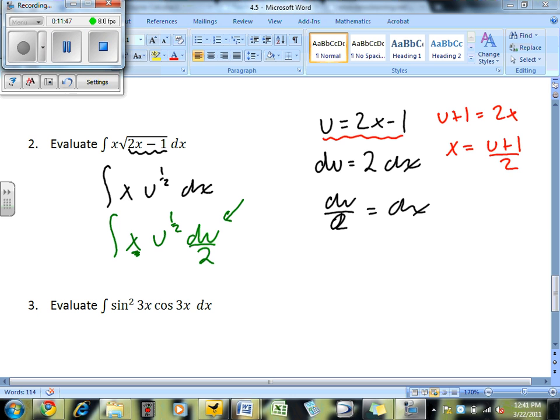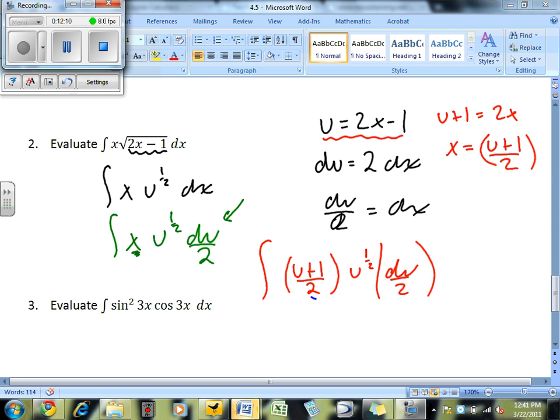We can go ahead and substitute what x equals. So we'll have the integral of u plus 1 divided by 2 times u to the 1/2 power du over 2. This is all multiplication, so we can pull out anything in the denominator.